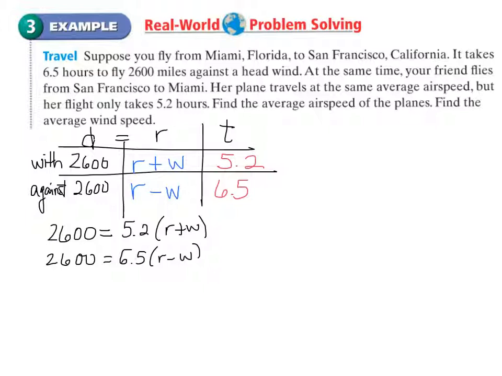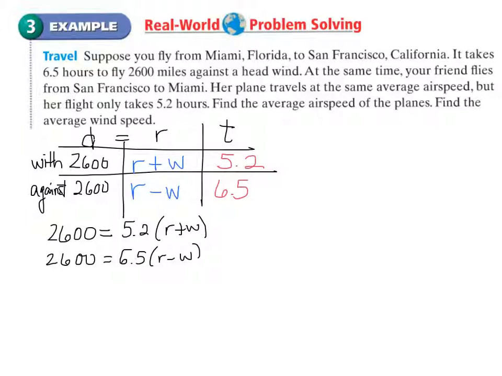Now, in this case, you could distribute the 5.2 and the 6.5 and then figure out what you want to do from there. But remember, there's a shortcut. You can actually get rid of the times 5.2 first by dividing both sides by 5.2. You can get rid of the times 6.5 by dividing both sides by 6.5. So let's do that.